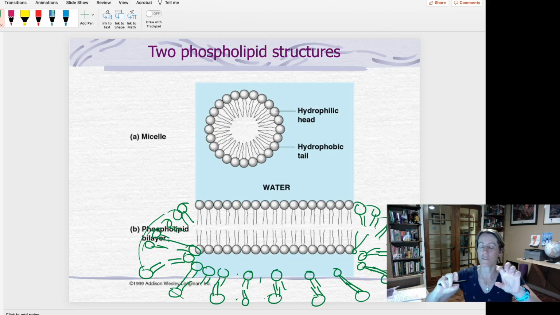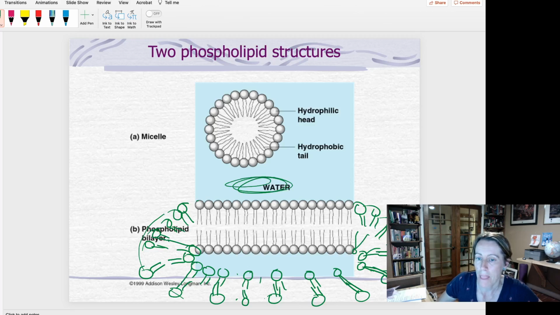But I've taken that phospholipid bilayer and I made it much longer, and I've wrapped it around itself and joined it up at the bottom. What I've done here is I have got water outside here, and I've now got water trapped on the inside here. Do you see this?